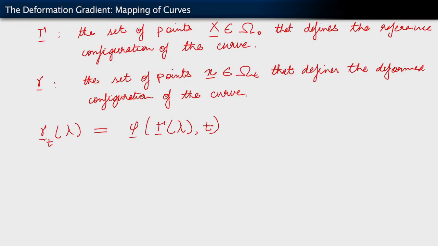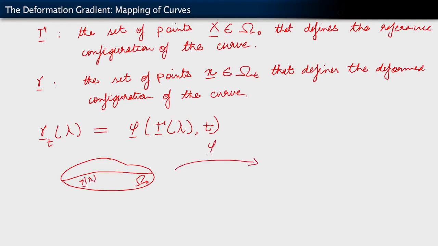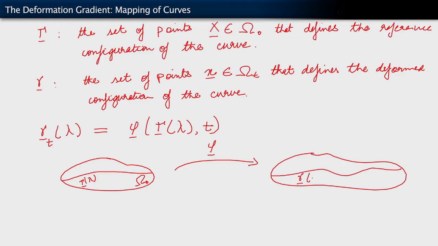Now, we can ask ourselves the following question. Let me just redraw the configurations here. I have omega naught. I have my curve capital Gamma, parameterized by lambda. And here under phi, I have little gamma on omega t.